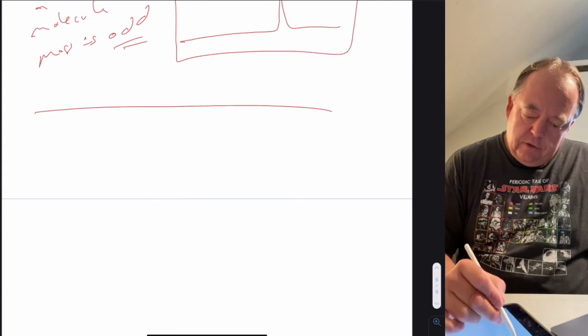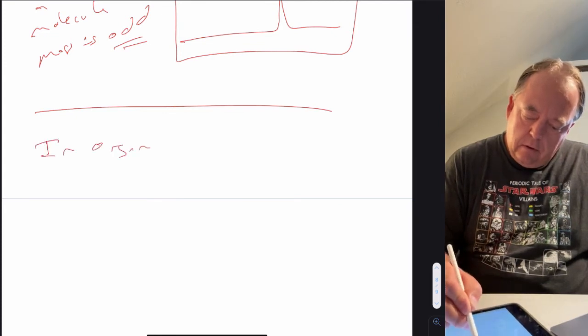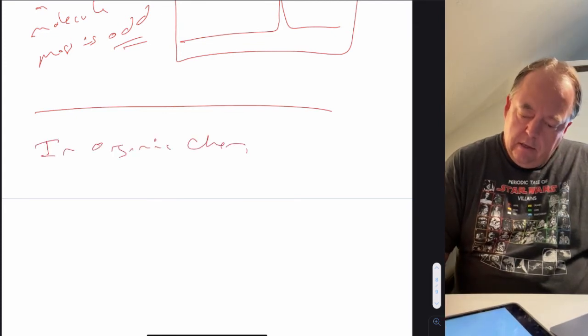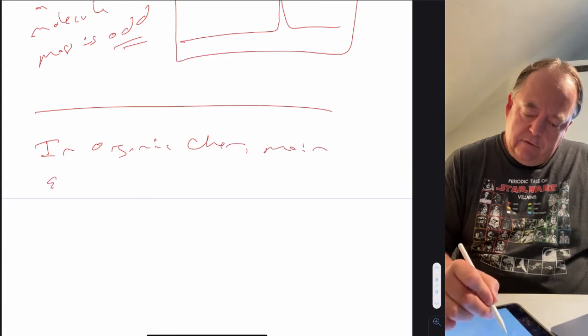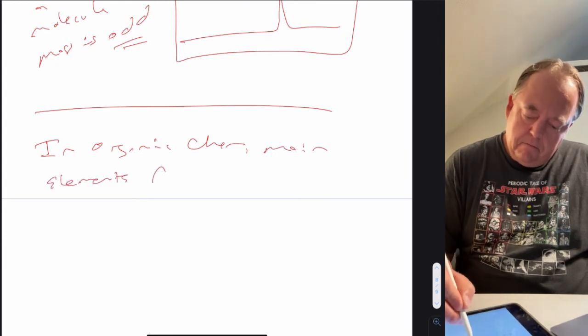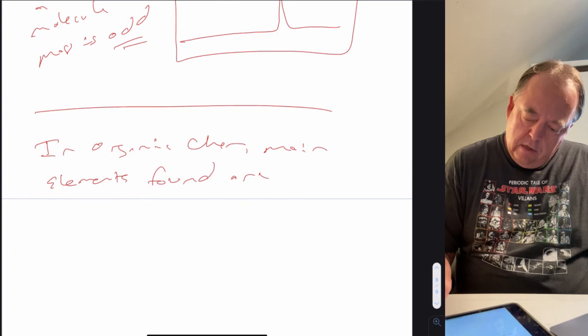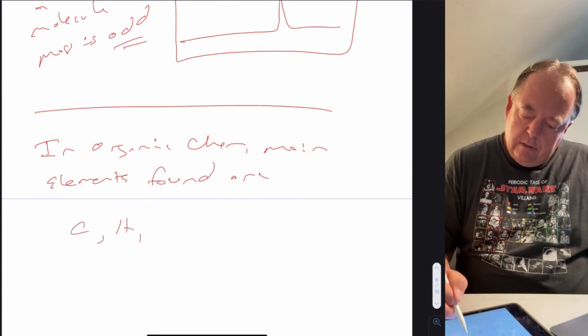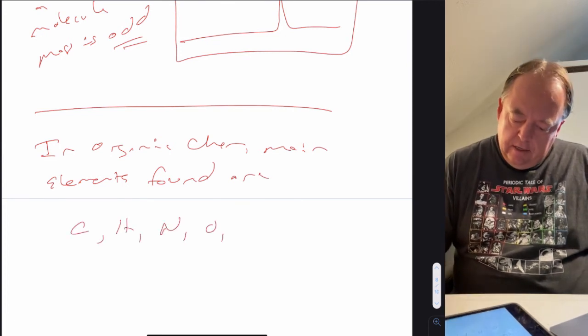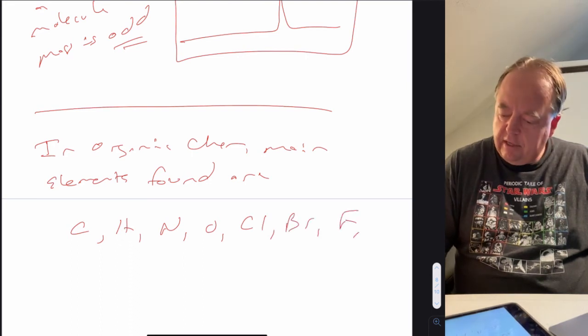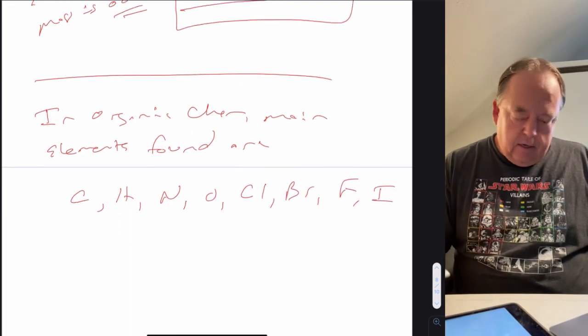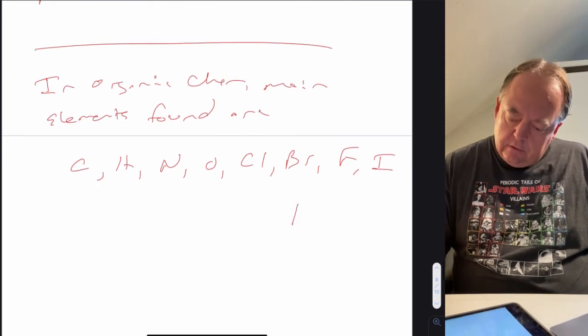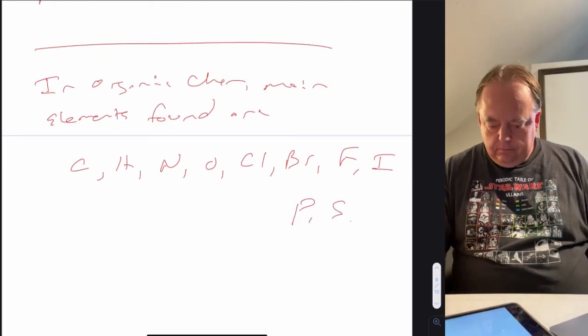So in organic chemistry, the main elements that you find are carbon, hydrogen, nitrogen, oxygen, chlorine, bromine, fluorine, the halogens, iodine, sometimes phosphorus, sometimes sulfur.